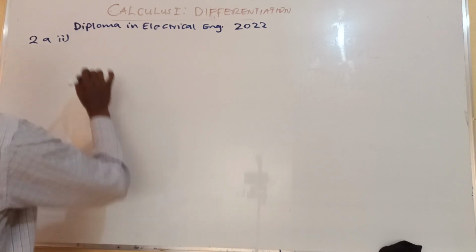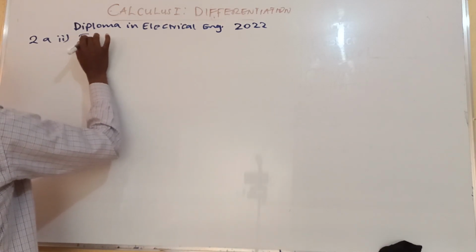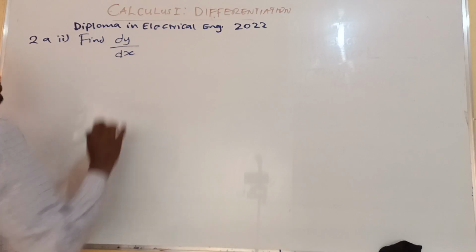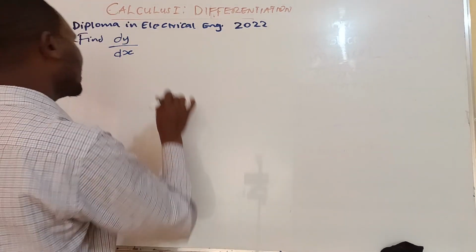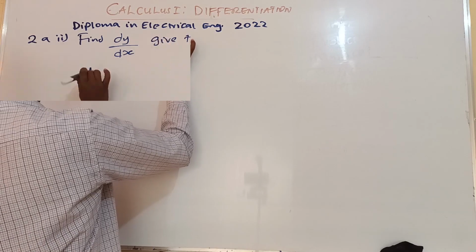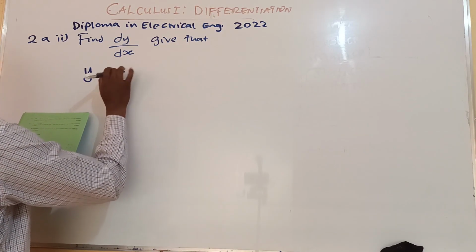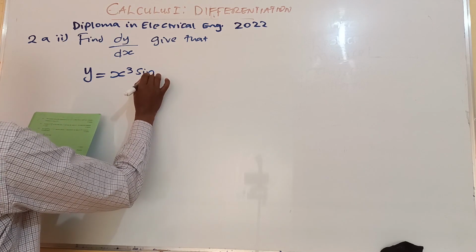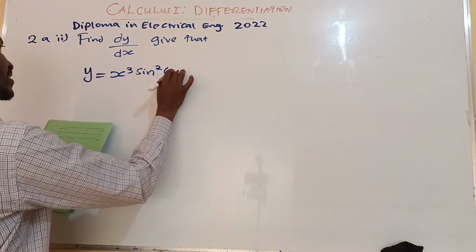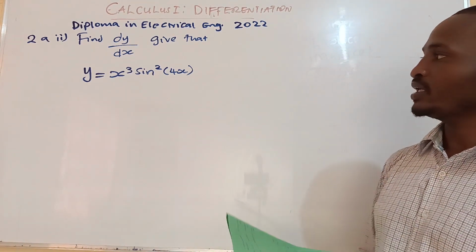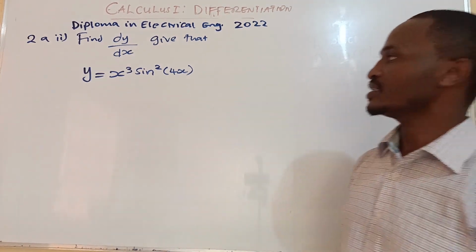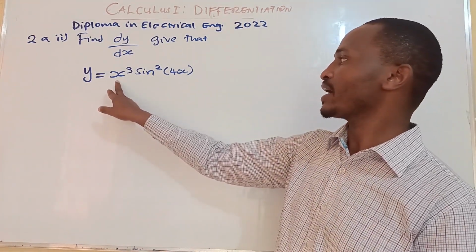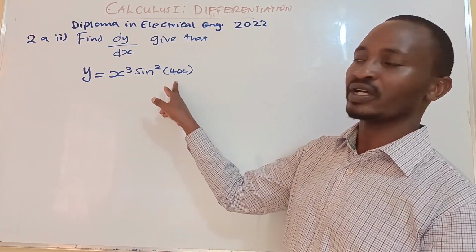You are told to find dy/dx, the derivative of y with respect to x, given that y is equal to x cubed sine squared 4x. The reason why we should apply product rule here is because we have a product of two differentiable functions, x cubed and sine squared 4x.